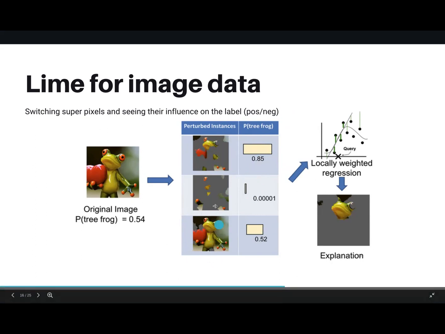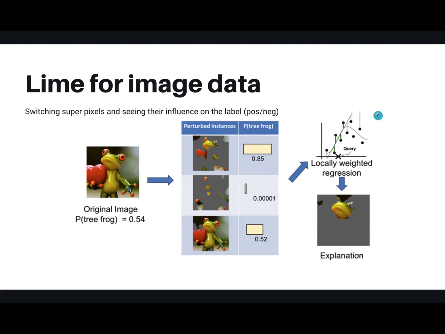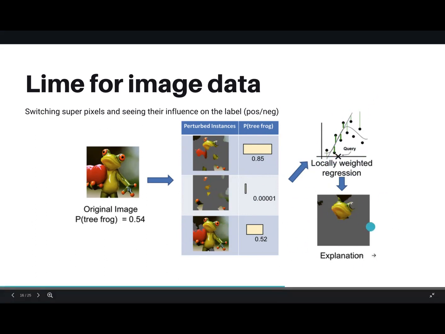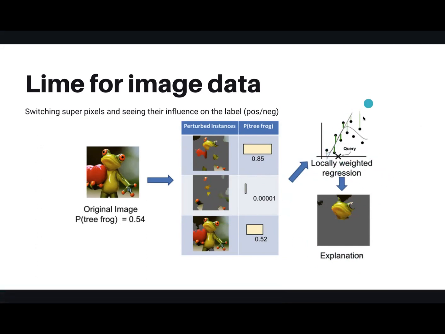Then we take that and train a locally weighted regression on it, and that gives us the region that is most important in our decision making, simply by interpreting this locally weighted regression.